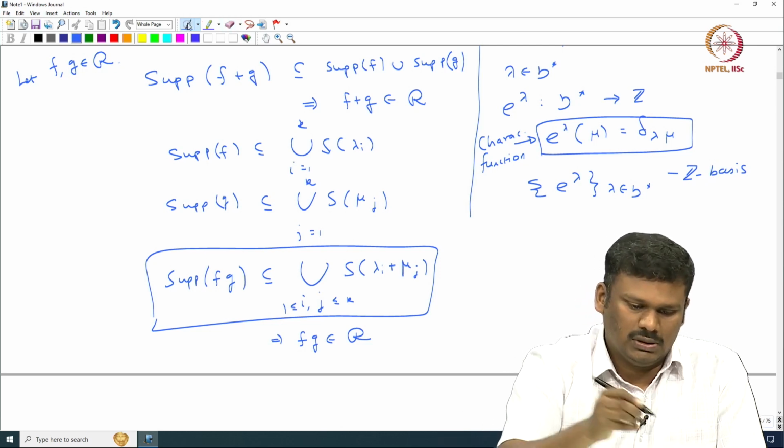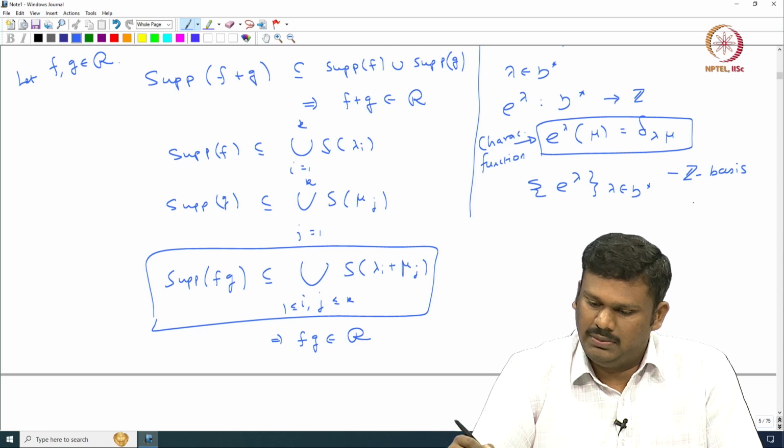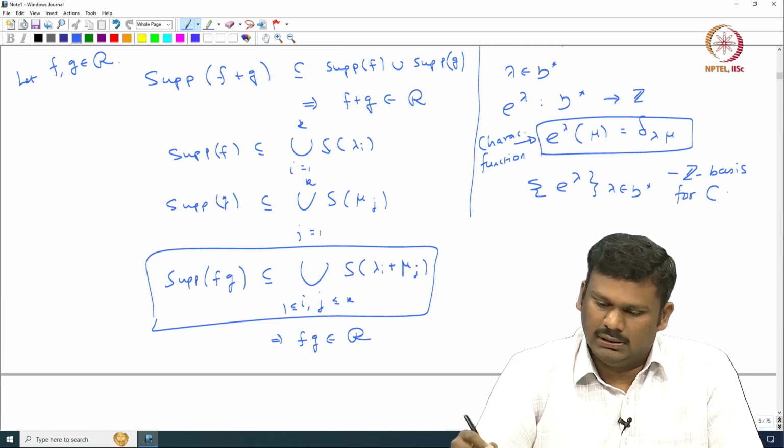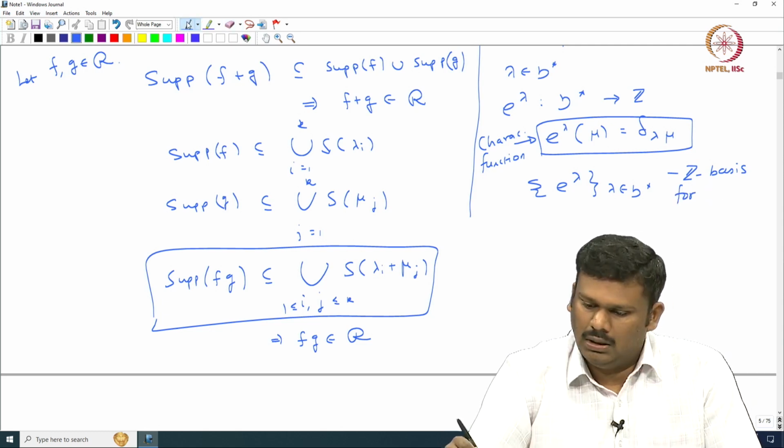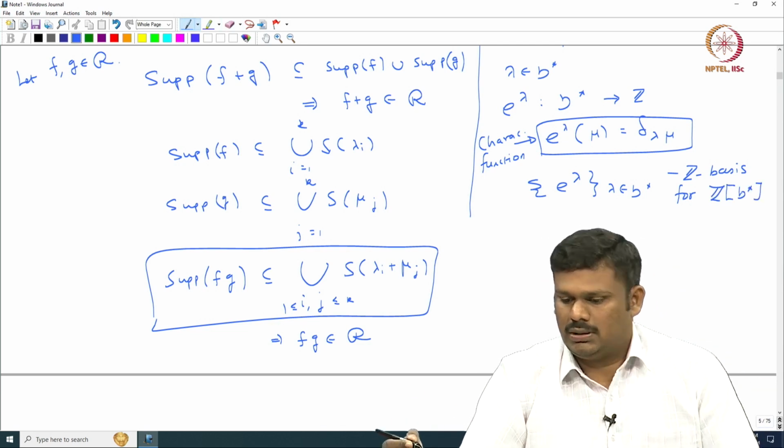So I will make the statement here: this is a Z basis for the group algebra over Z, Z H star.